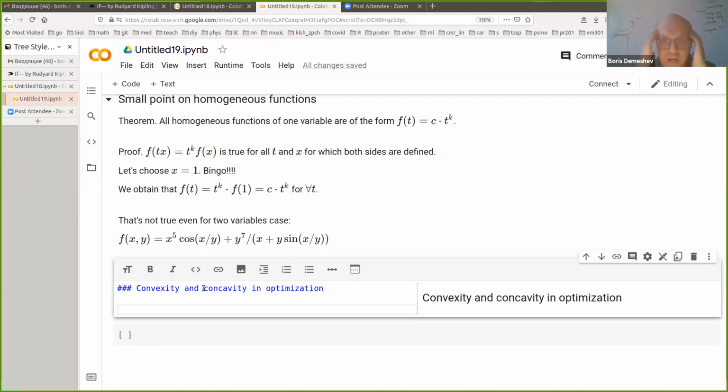First I would like to recall what strictly concave and strictly convex functions are. Who remembers the difference between concave and strictly concave, convex and strictly convex functions?